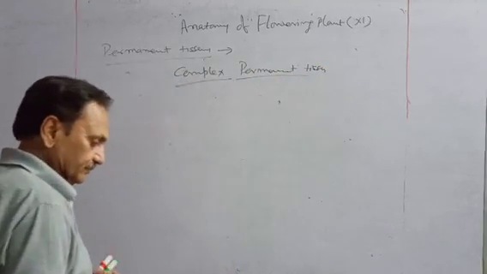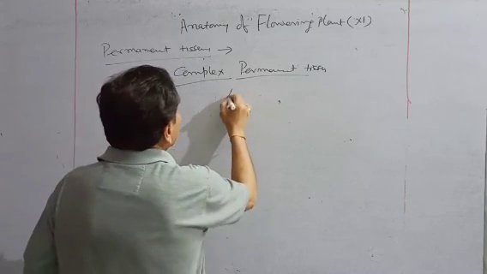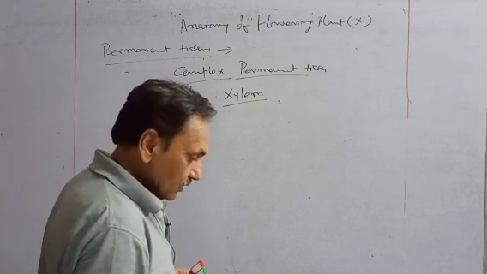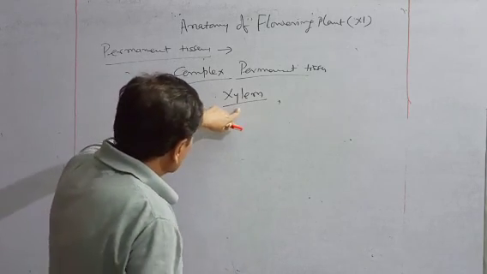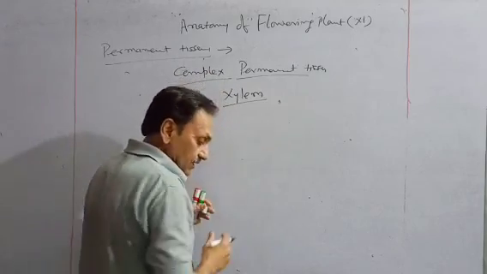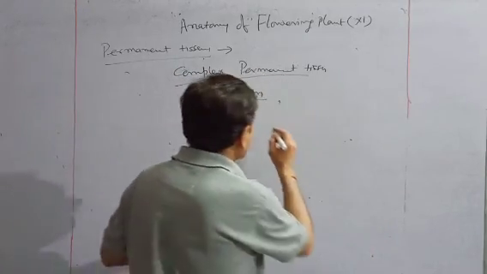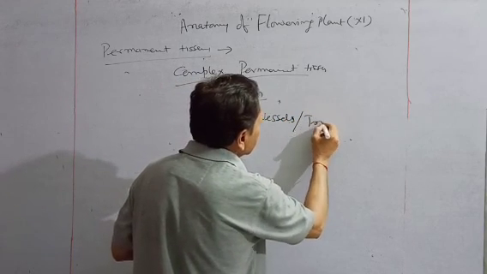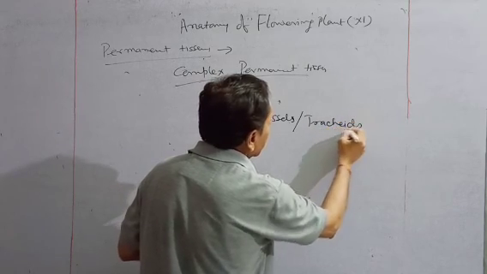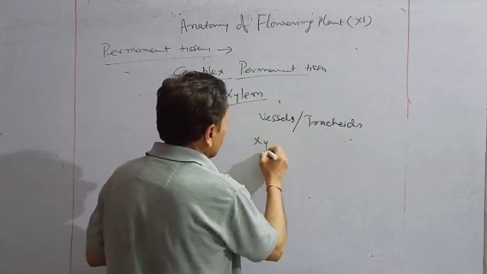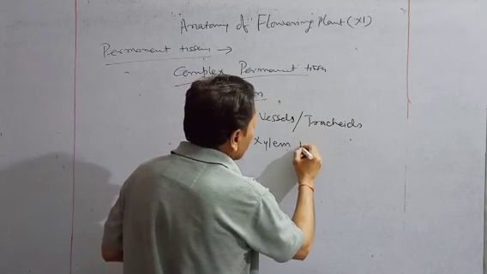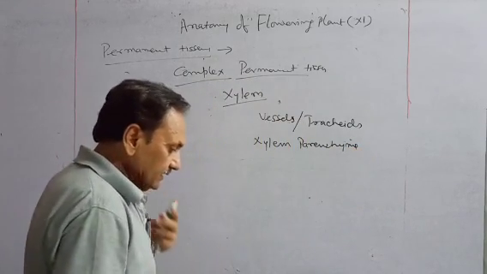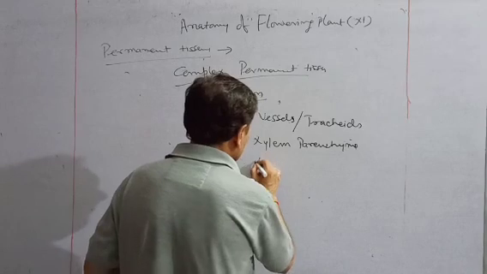Complex permanent tissue. Xylem is the permanent tissue which is made by the combination of the different vessels or tracheids, xylem parenchyma, and xylem fibers.